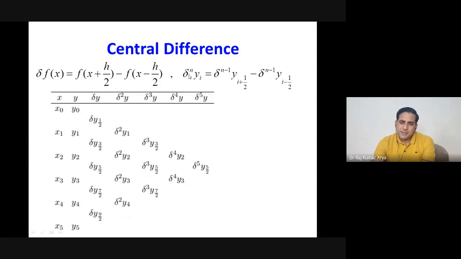You can calculate any derivative here. For your first central difference, you put n equal to 1. For the second central difference, you put n equal to 2. Third, n equal to 3, and keep on going. If you are calculating delta y at 1 by 2, you have here i plus 1 by 2 and i minus 1 by 2.